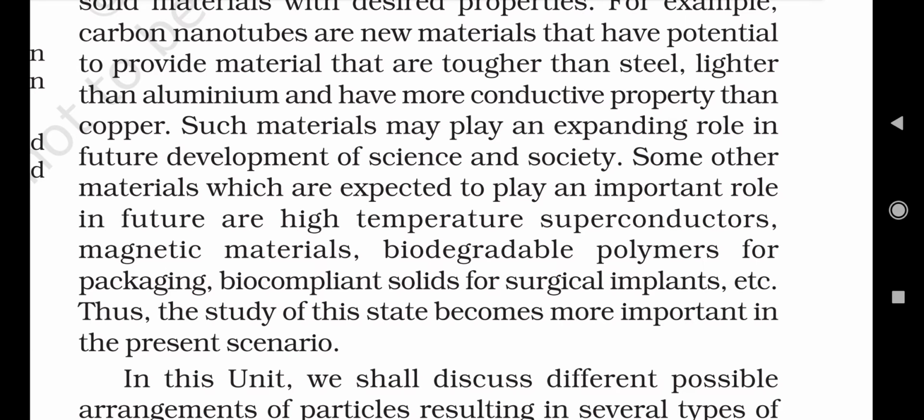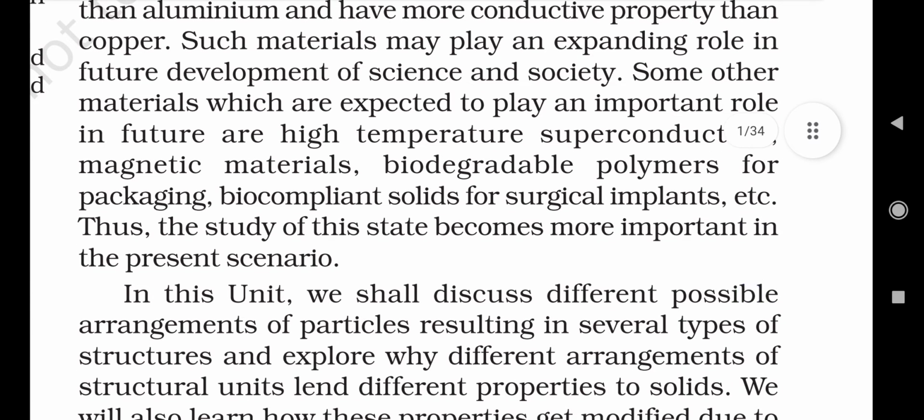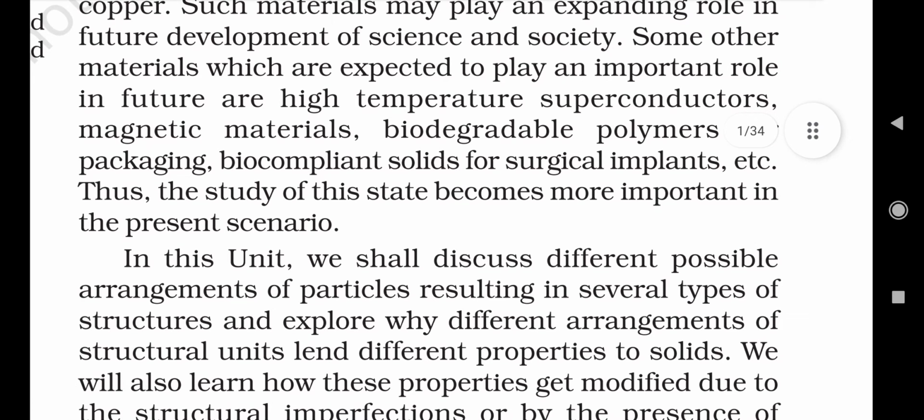Now, in magnetic materials, biodegradable polymers for packaging: polymers like polythene are not biodegradable, and that is a very big concern to nature. So in our future we are trying to make biodegradable polymers for packaging, and compliant solids for surgical implants.